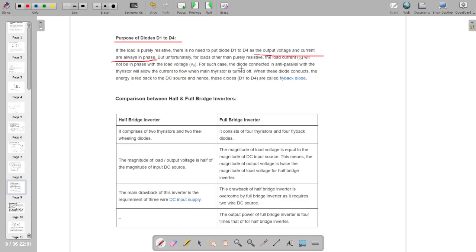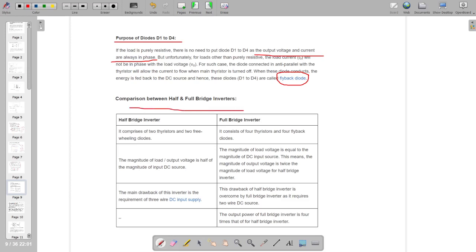For such cases, the diodes are connected in anti-parallel. If an inductor and capacitor are present in the load, there is a reverse current flow through the circuit. In order to avoid that condition, we are using diodes. That's why these diodes are also called flyback diodes.